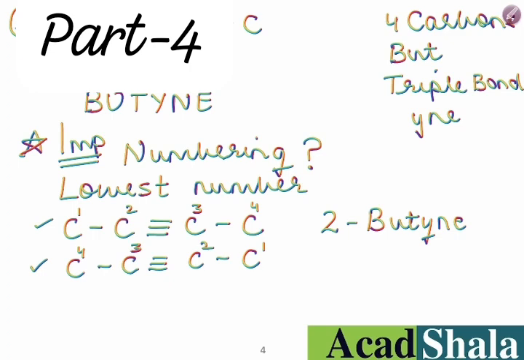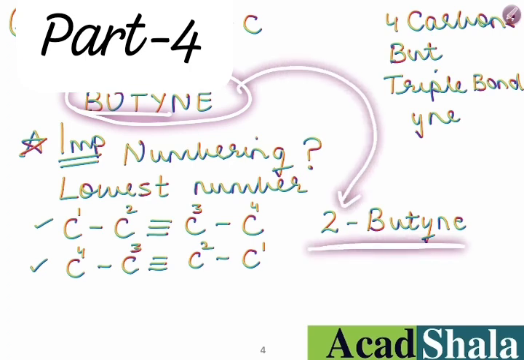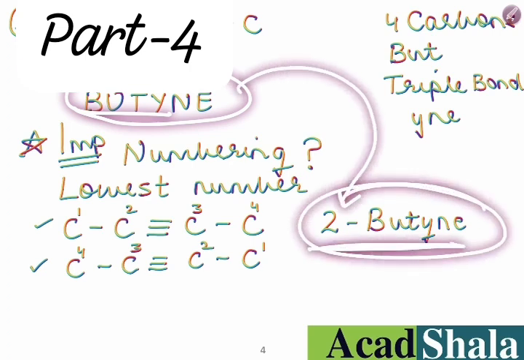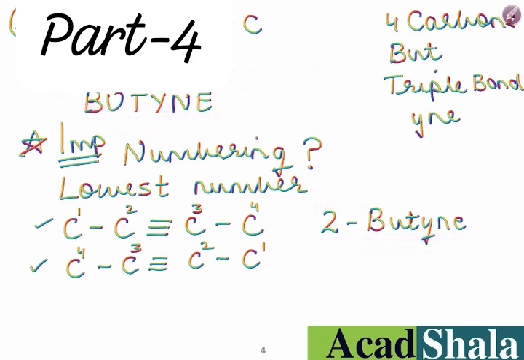You will say, ma'am, on the second carbon this triple bond is attached. So instead of butyne, children, you will write 2-butyne. Always remember, whenever you are naming compounds, you need to check on which carbon atom your functional group or anything else is attached.